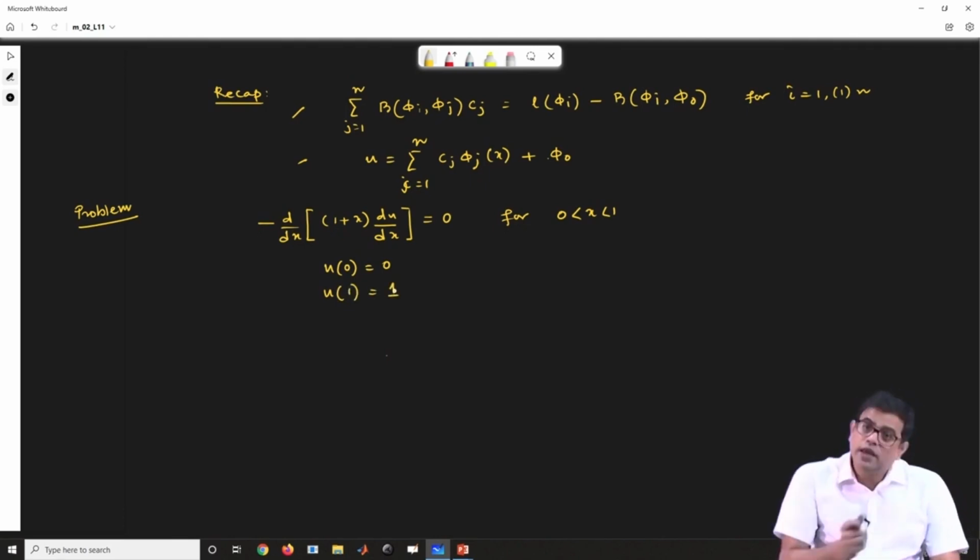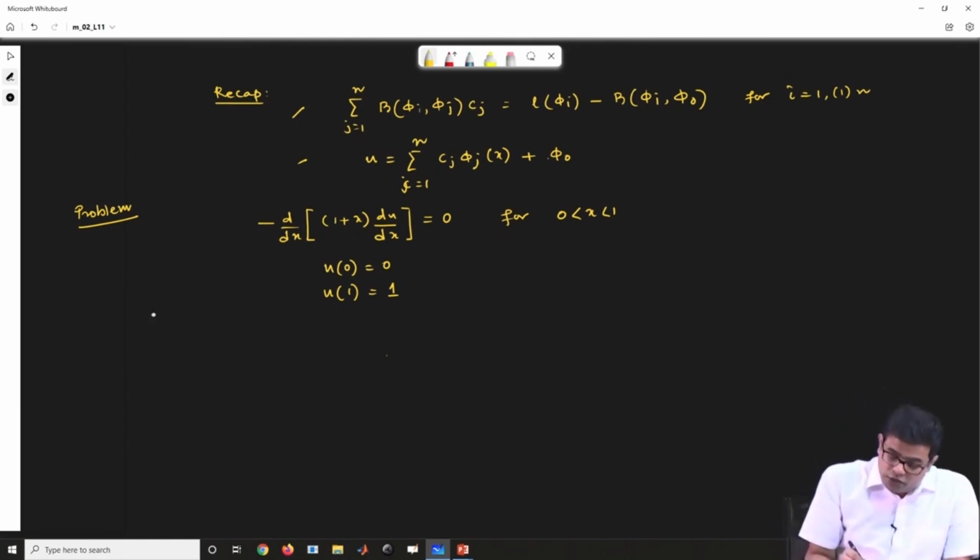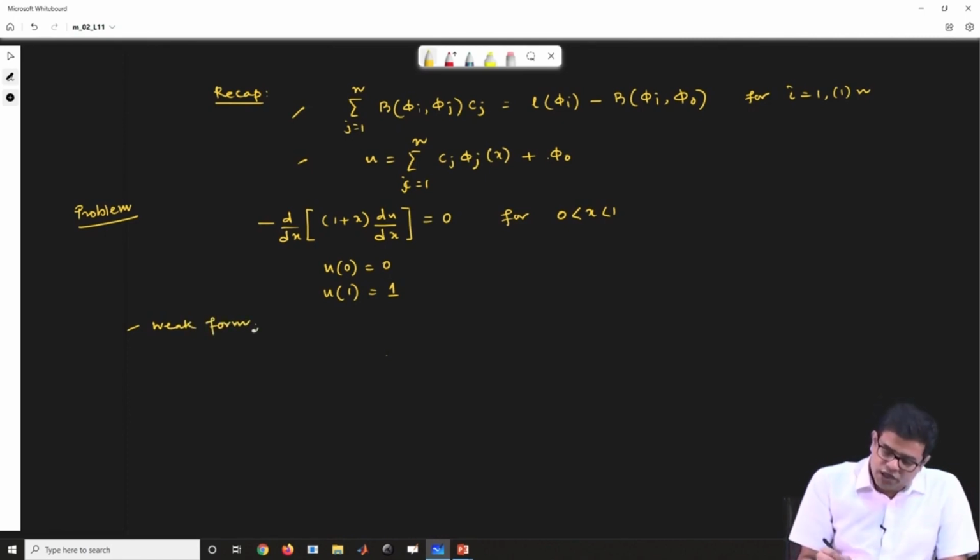Now the first step is to construct its weak form. We consider some weight function w.